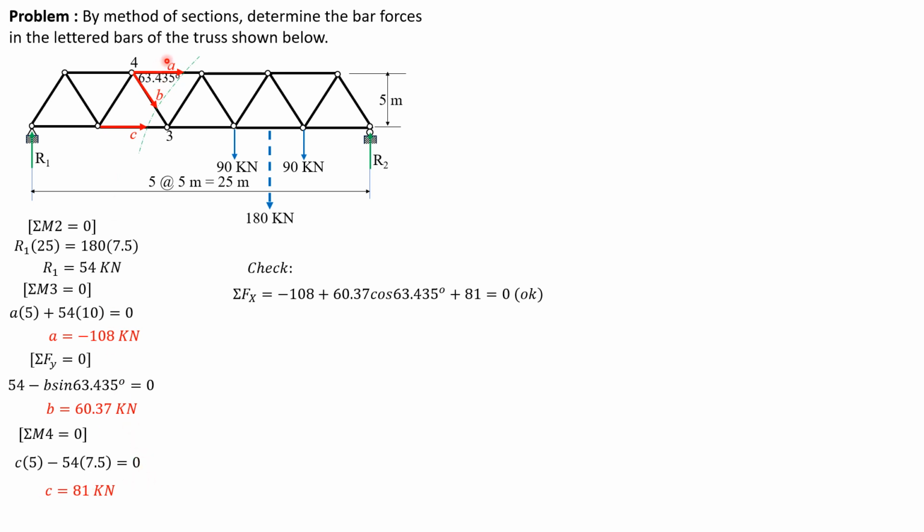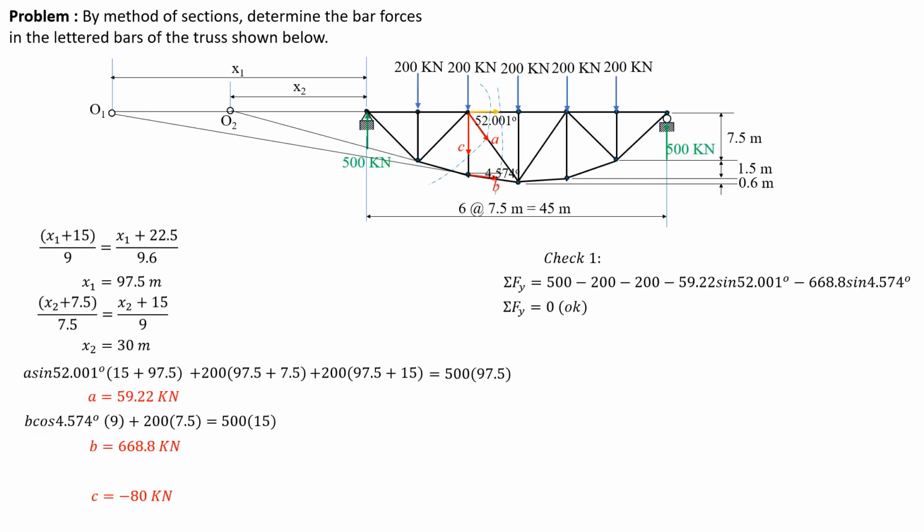To validate these answers, let's check using a static equation that is not yet used, summation of forces x. A, which is negative 108, plus the x component of B, which is 60.37 cosine 63.435 degrees, plus C, which is 81, and the sum of this is 0. Therefore, all these answers are correct.